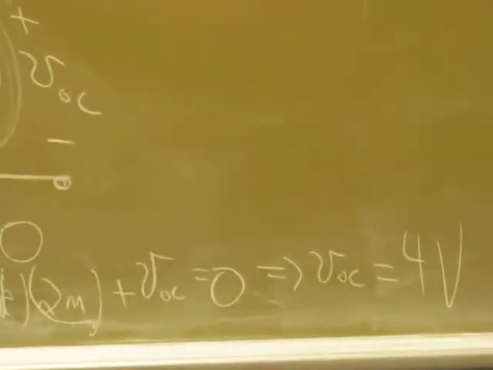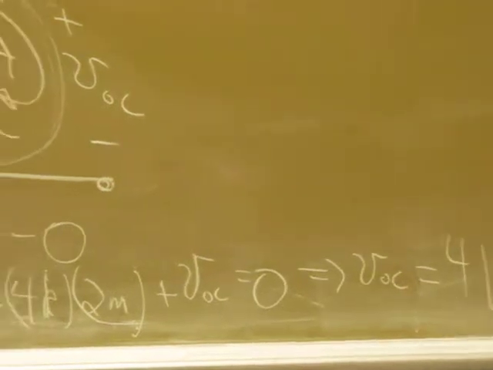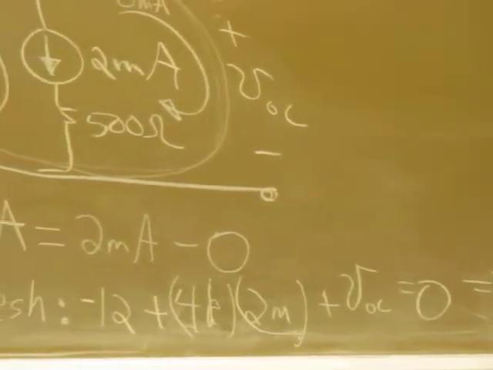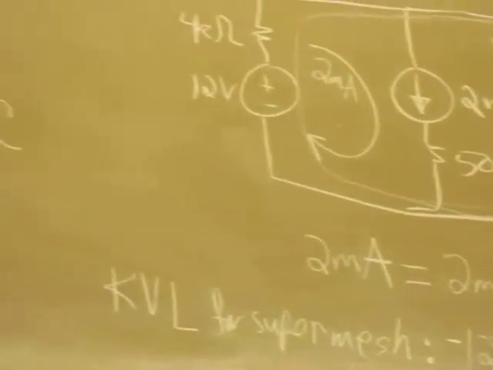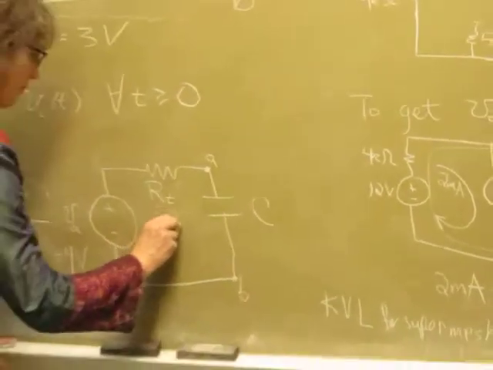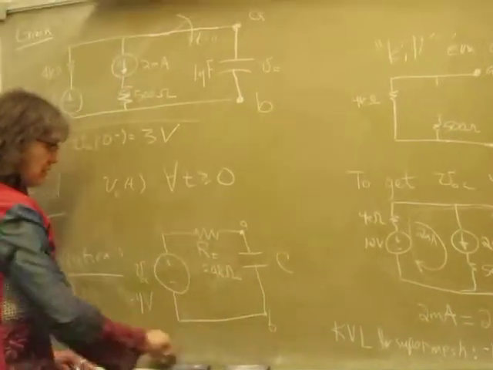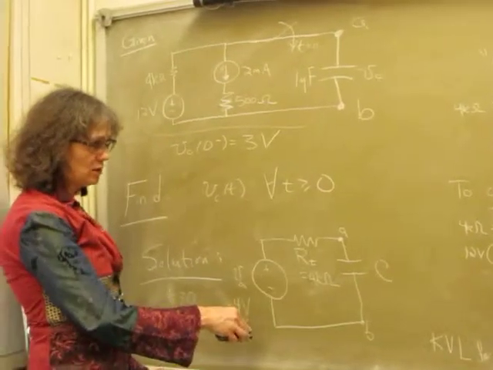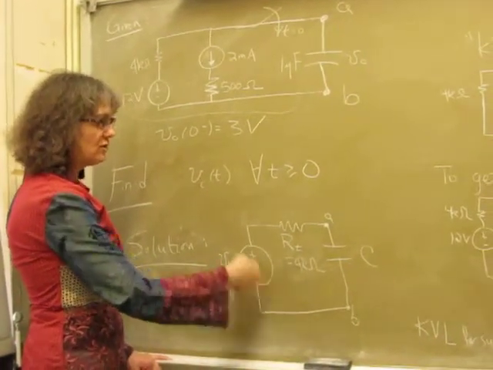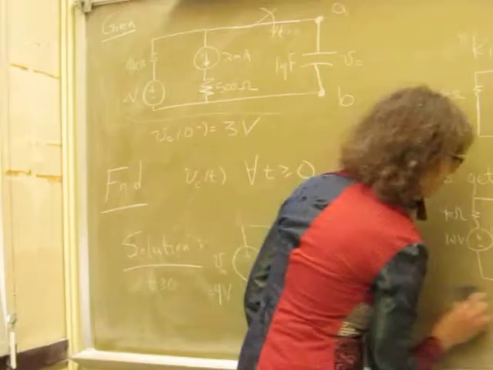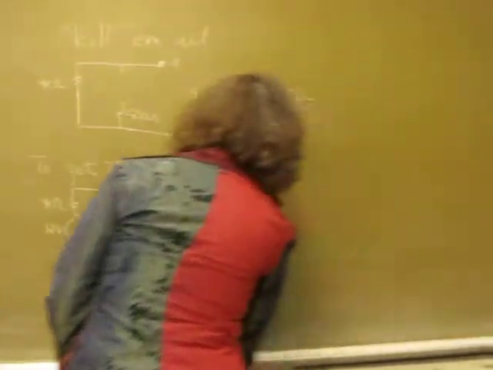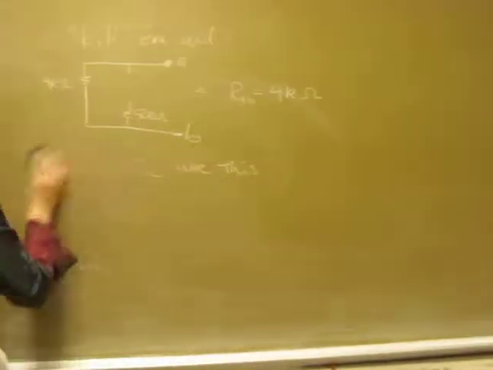Great. So I've solved my problem here. I know that my Thevenin equivalent circuit, VOC is 4 volts. RT is 4K ohms. All right. So now that I've done the work of getting my first order circuit to look like one of those standard circuits, I can just, boom, apply the solution.